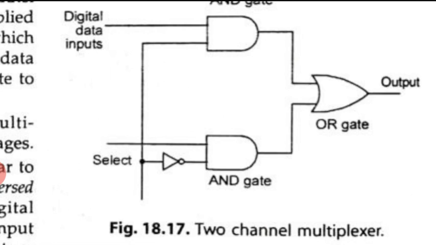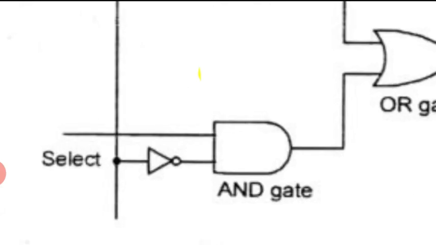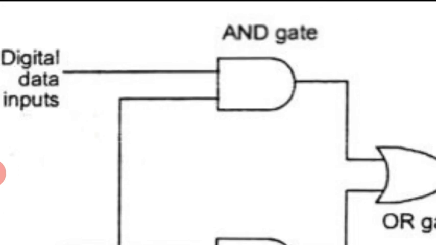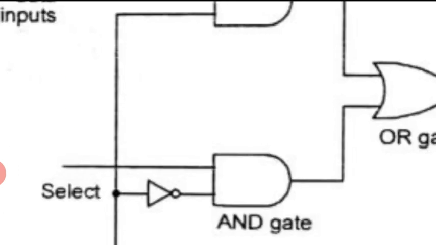If both the inputs are high, then only the AND gate gives a high. The second, lower AND gate is connected through a NOT gate, so what happens here is that the upper one becomes 1, whereas the lower AND gate becomes 0.